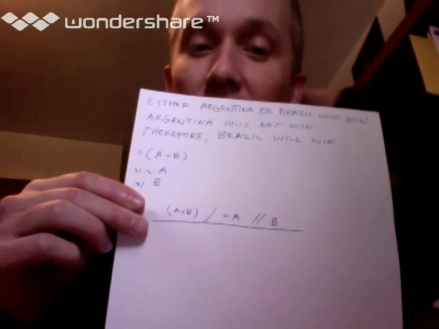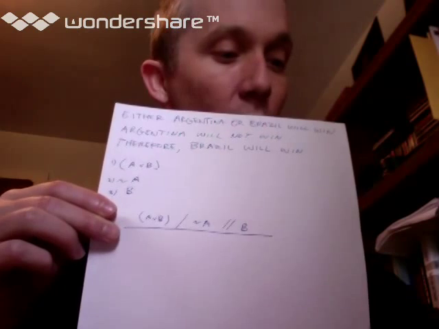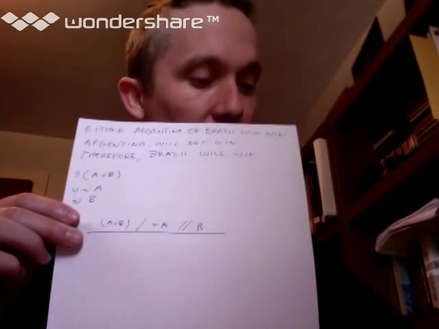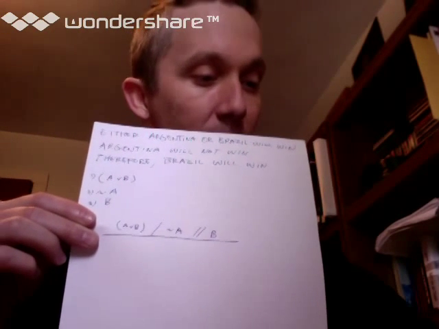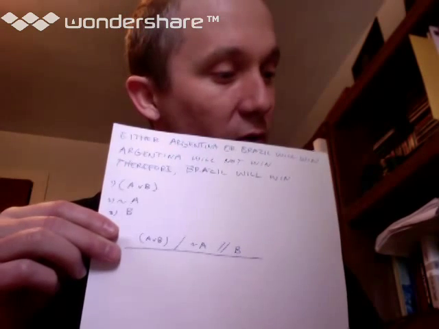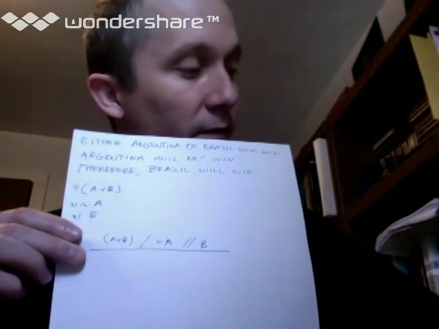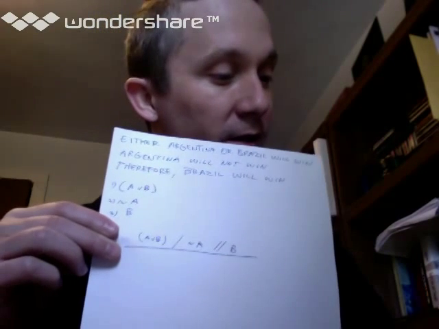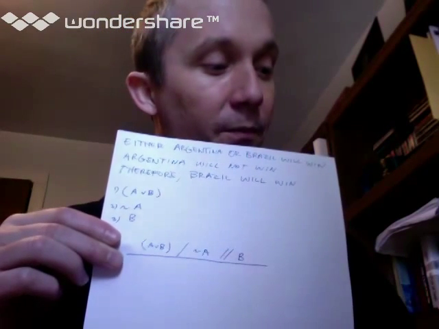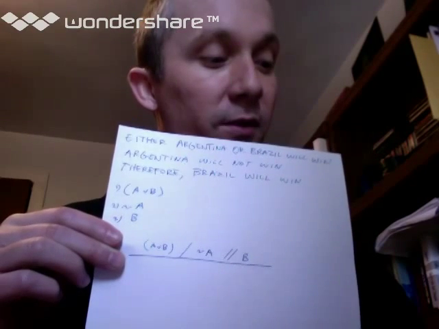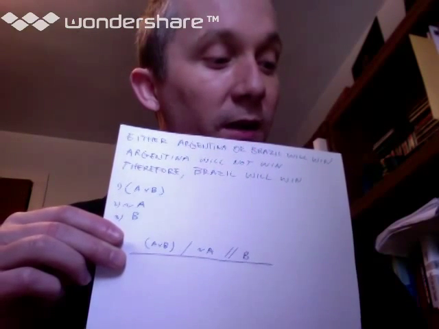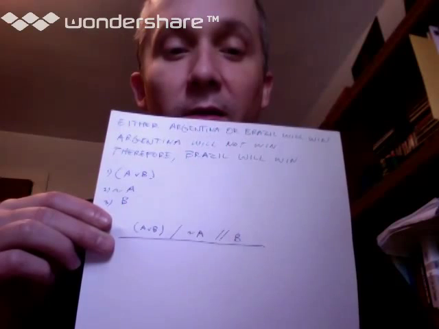And now I want to use my book here. It's pretty handy. It's in the front, on the very first pages, and it shows us the rules for truth tables, the truth tables for the propositional operators.